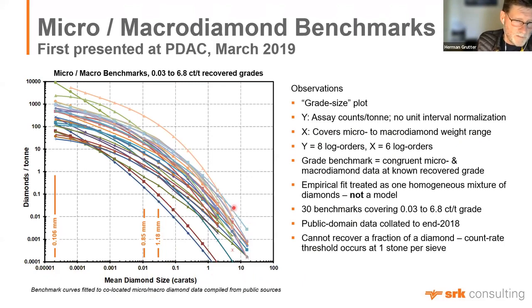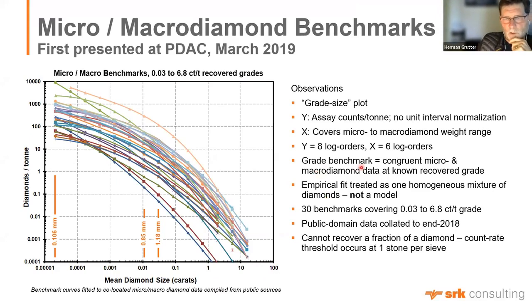Some of these curves stop at less than 10.8, around the 5 carat mark. And some of these curves actually stop at about 2 carats, because I simply don't have data to extrapolate beyond that. Any extrapolation beyond that is, in fact, an extrapolation. It's not a fit to the data.